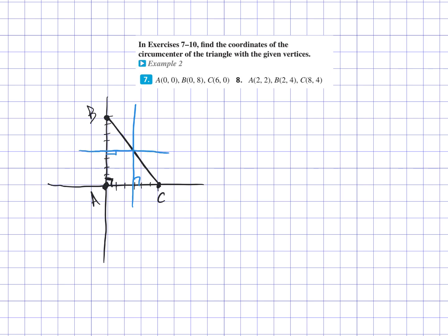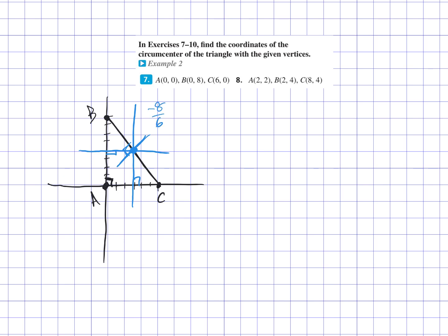It's a right triangle. And you'd have to get the midpoint of BC, but we already know in a right triangle, the circumcenters are on the hypotenuse. So I know that's where that perpendicular bisector is going to be. Okay? The other thing is BC is down 8 and over 6.